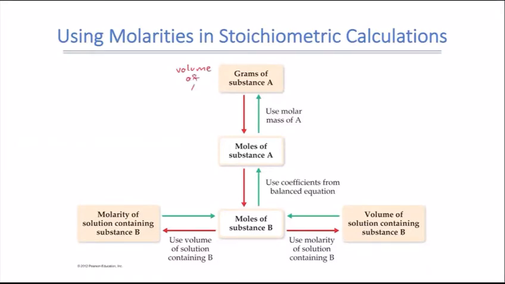So we might know the volume of A, and then we can convert it to moles of A by using the molarity. Hopefully this is review for you, where you can go from volume of A to moles of A to moles of B, or from grams of A to moles of A. All of this should be review. You should be able to do all these calculations now.